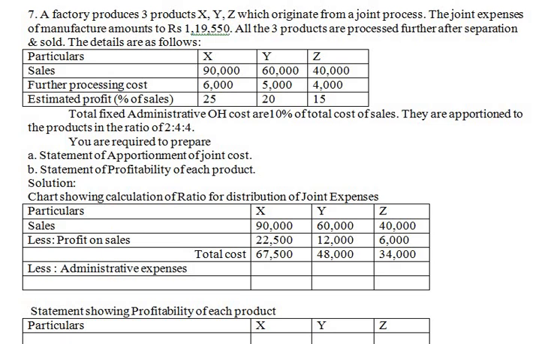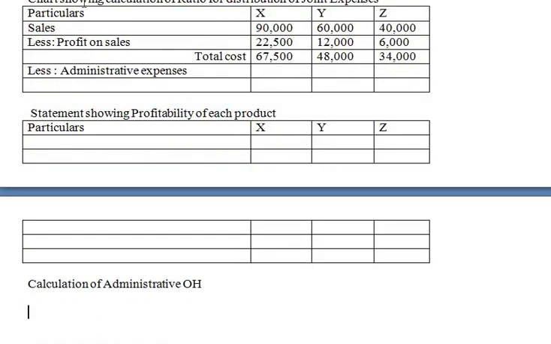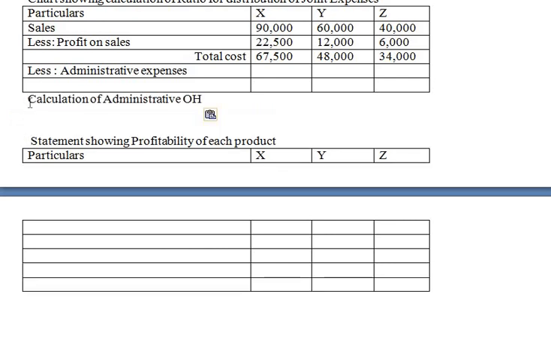Now what have they given for administrative expenses? Instead of calculating here, we will have one working note for this. Instead of taking it here, we will take this before the chart. Now, calculation of administrative overheads.